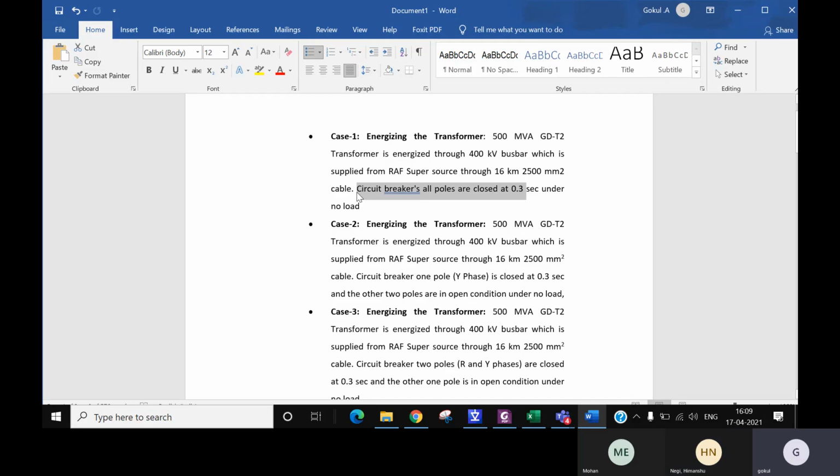That is the difference between each case. If you ask me what is the difference between case 1 and case 2, just read the last line. In case 1, all circuit breaker poles are closed, but in case 2, circuit breaker one Y pole is closed and the other two poles are in open condition.